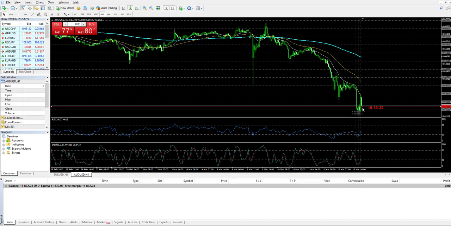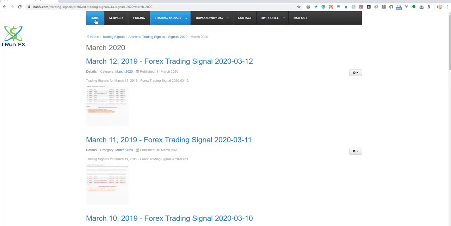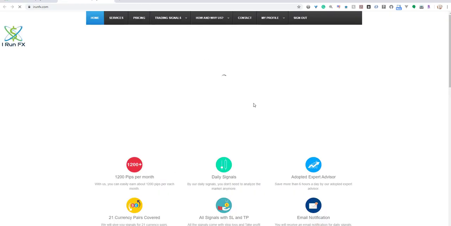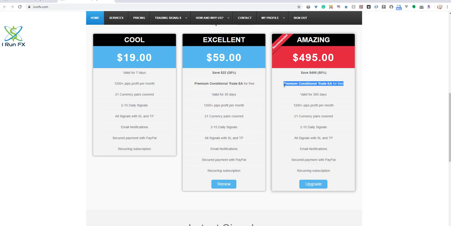Also, this is really important. IRunFX provides an EA for you, an expert advisor, which does that automatically. So you don't need to even watch the market during the day.